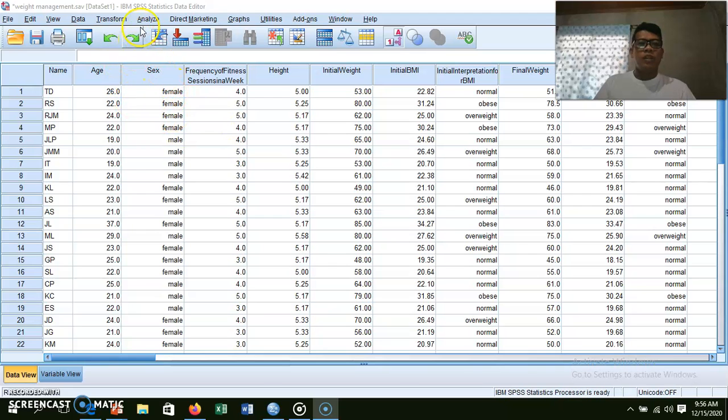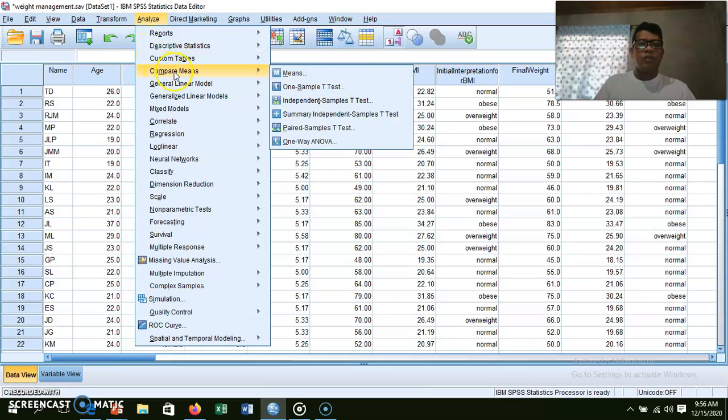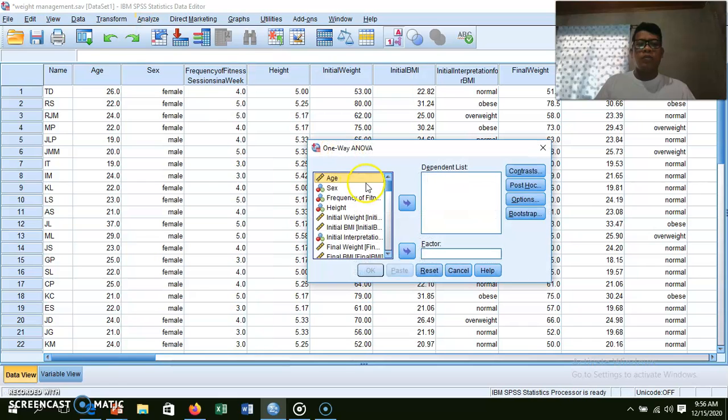Just click Analyze, then Compare Means, and then look for One-Way ANOVA. Here our dependent list, the one that we want to measure, is the weight loss of the participants.